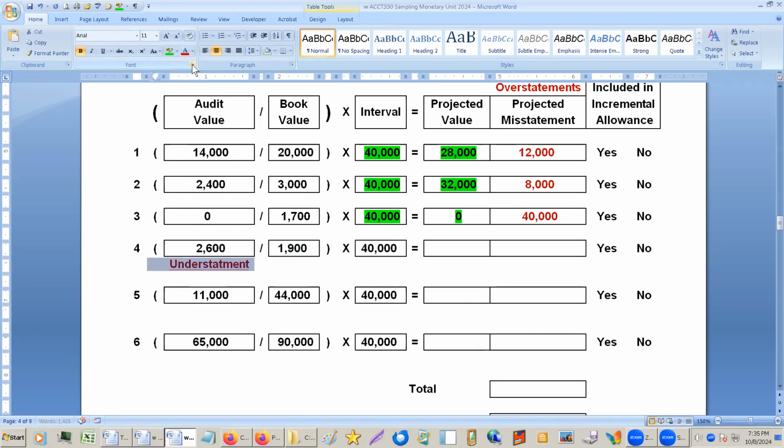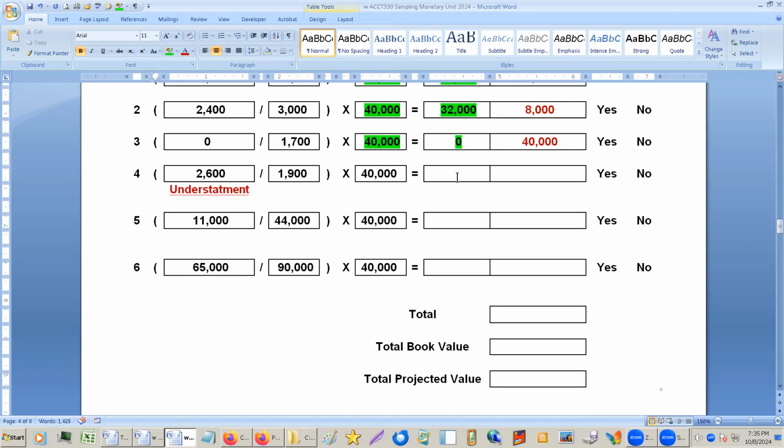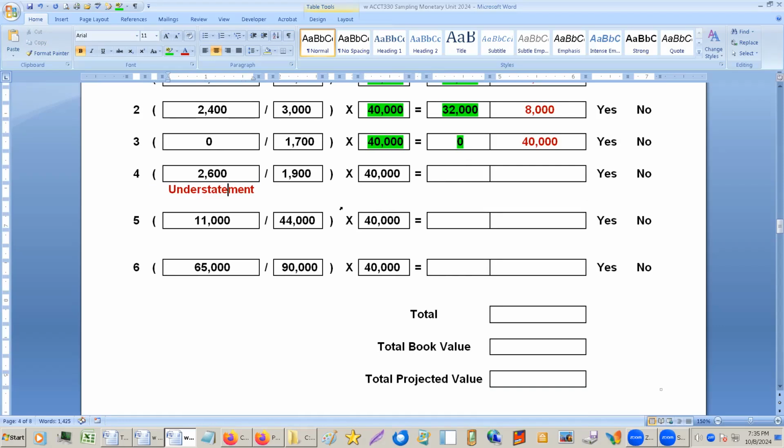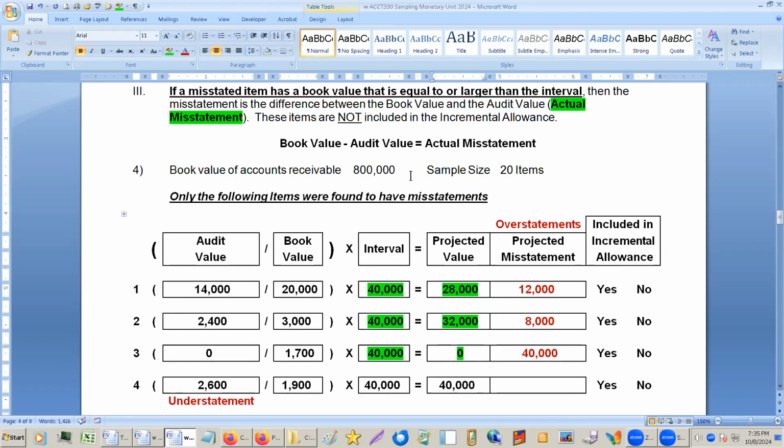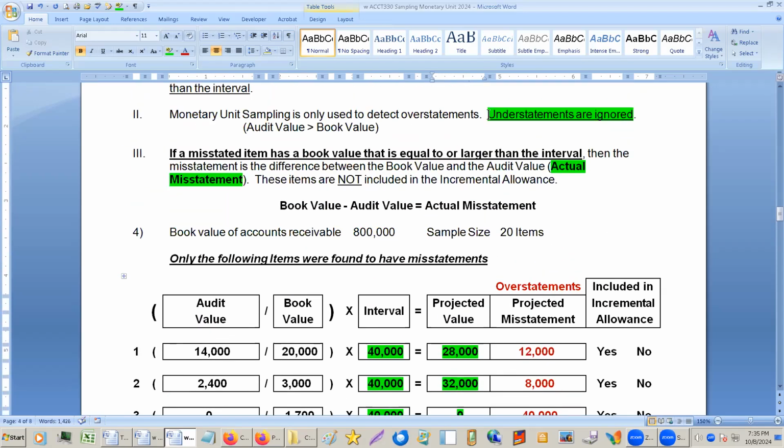And then the projected value is 54,737 when we round this up. Actually, it's going to be 0. Okay, no, I'm wrong. I'm lying again. It's 40,000. I'll show you why. It's actually up here. Understatements are ignored.